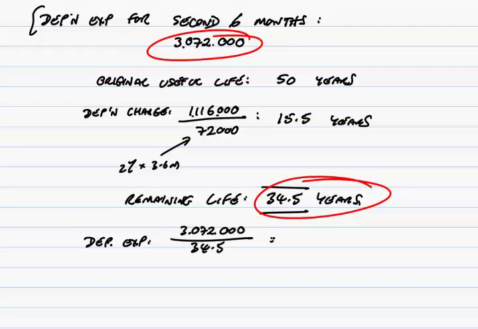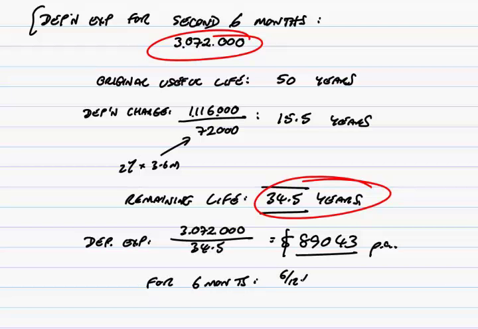It doesn't divide nicely, but I think 89,043. That's the yearly charge. We're only doing 6 months. So 6/12 of that, which is finally 44,522.